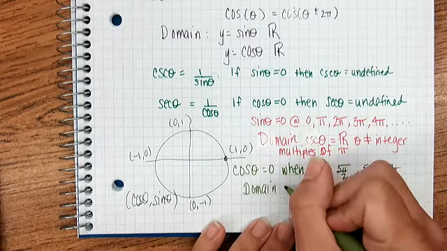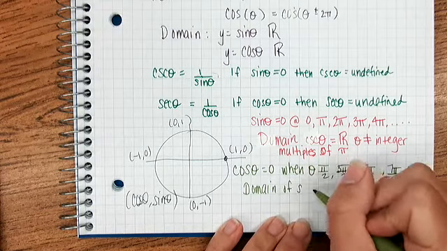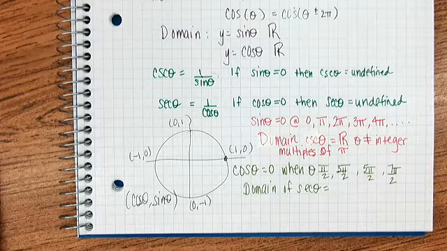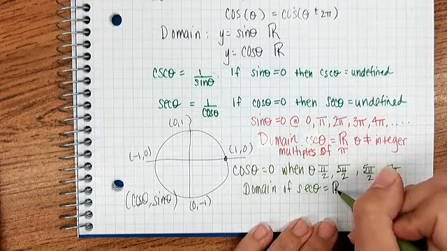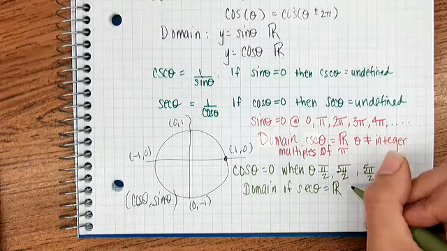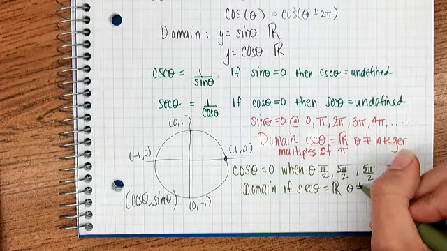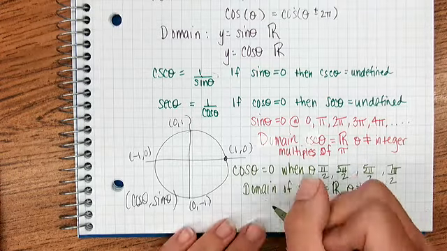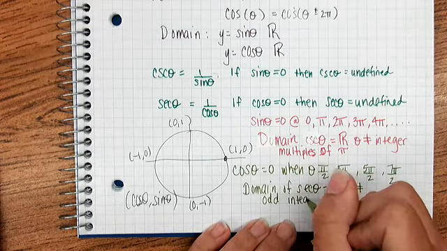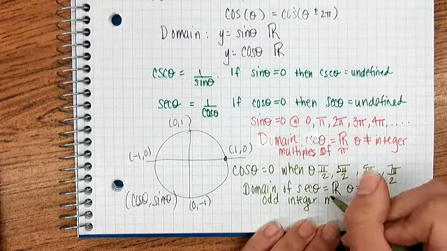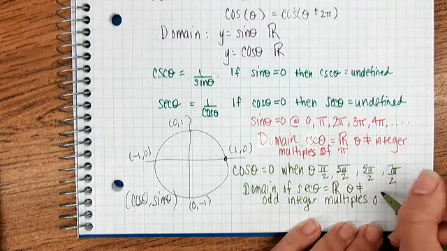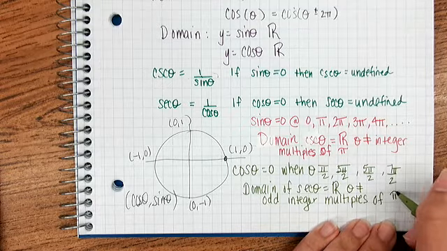The domain of secant theta is all real numbers, theta not equal to, this is weird, odd integer multiples of pi over 2.